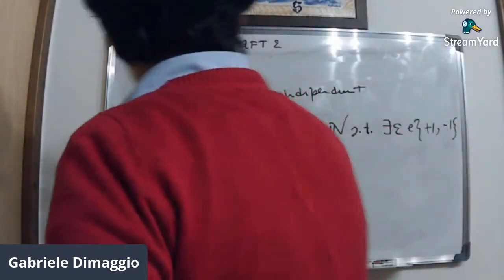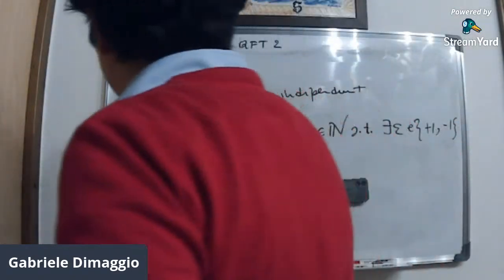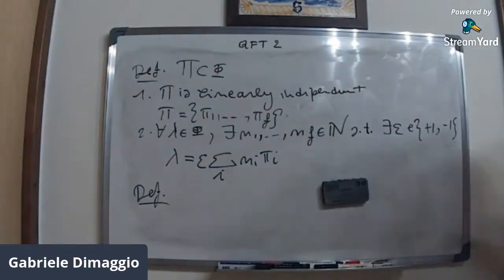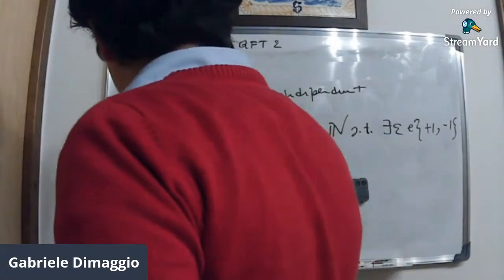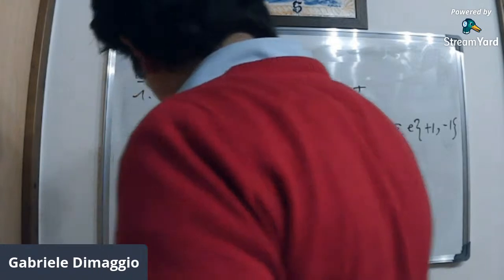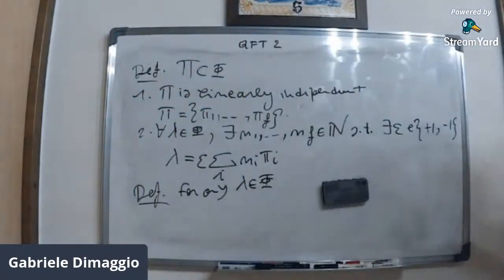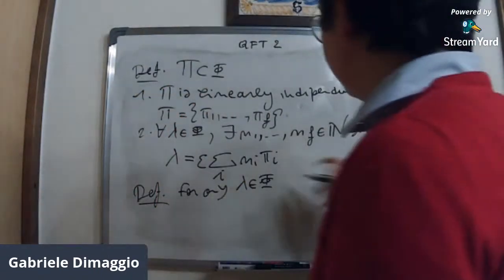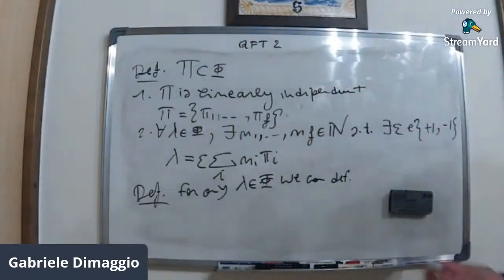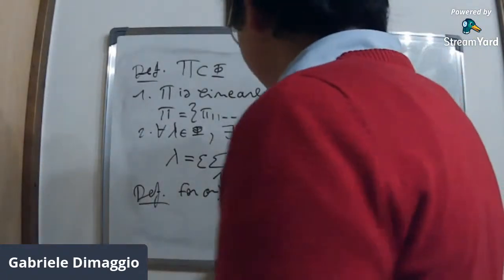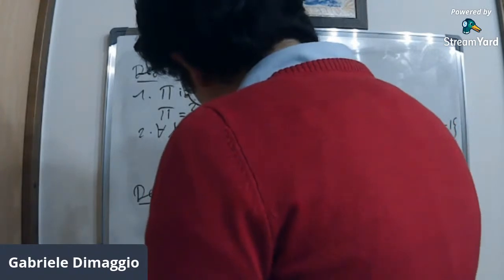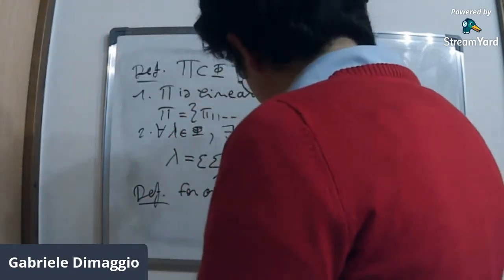Okay, so another definition. For any lambda in phi, we can define this function S lambda from h dual over R, linearly.